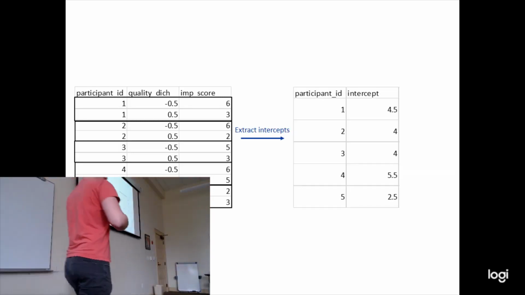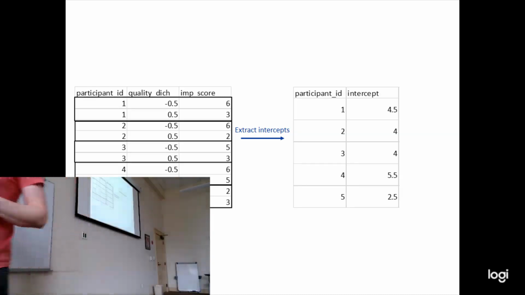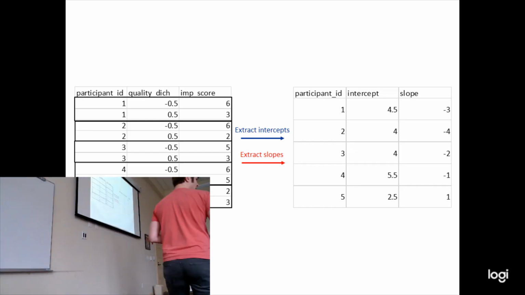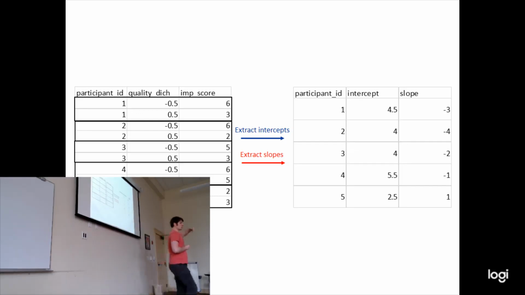I've calculated intercepts, treating each of those chunks of 2 rows as their own mini data set. I've also calculated slopes. So I've started from a data set that has 100 rows, 2 for each participant, and I've ended up with a data set that has only 50 rows, because each reviewer gives me only one intercept and only one slope.